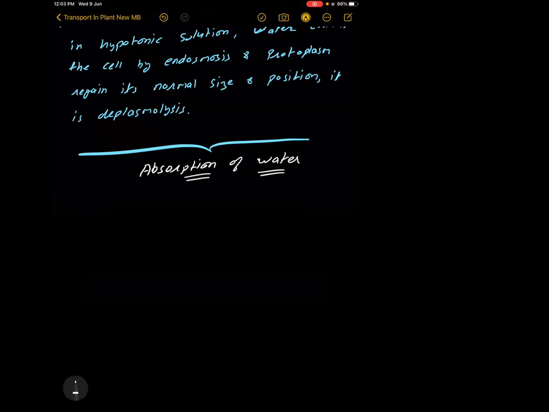Every time endosmosis occurs, turgor pressure is automatically produced, during formation of a turgid cell. If reverse reaction occurs, if you are losing water from the cell, turgor pressure decreases gradually and it becomes flaccid. In a flaccid cell, turgor pressure is 0. In a turgid cell, turgor pressure is maximum. Okay, finally, there are three different terms we use.